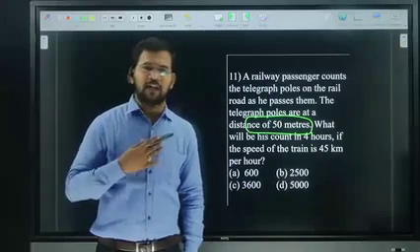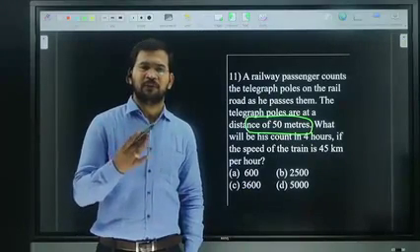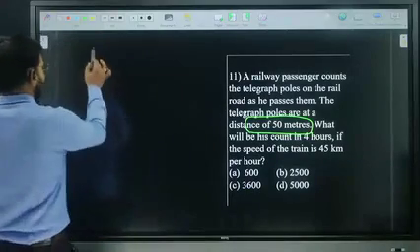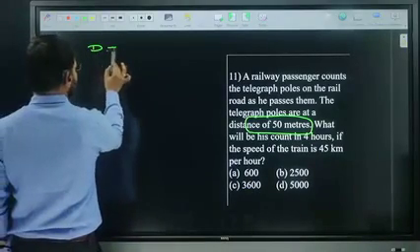First of all, my target is how much distance the train covers in 4 hours. Distance is equal to speed into time.